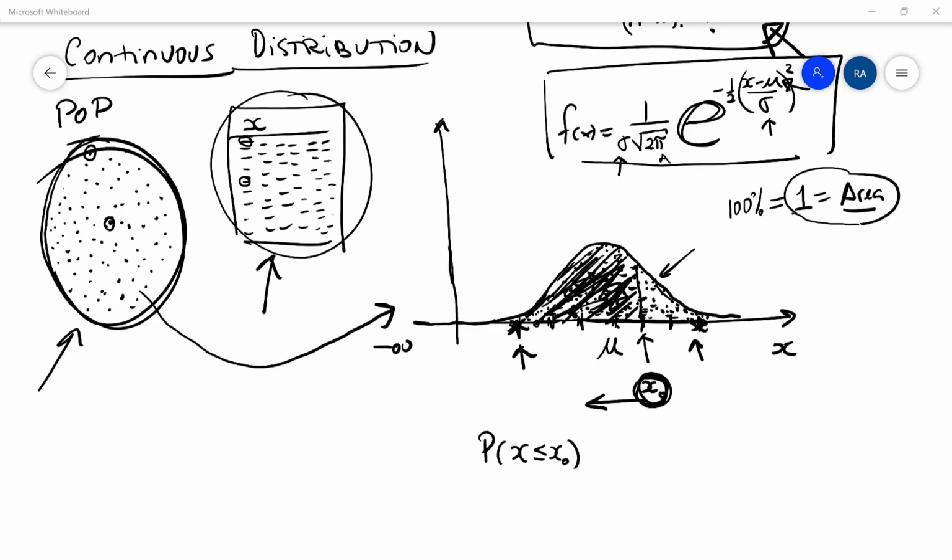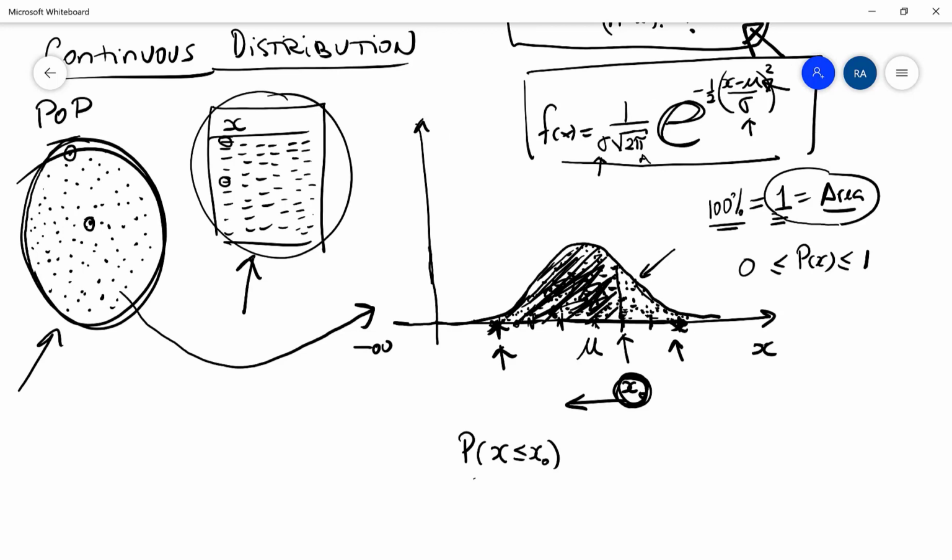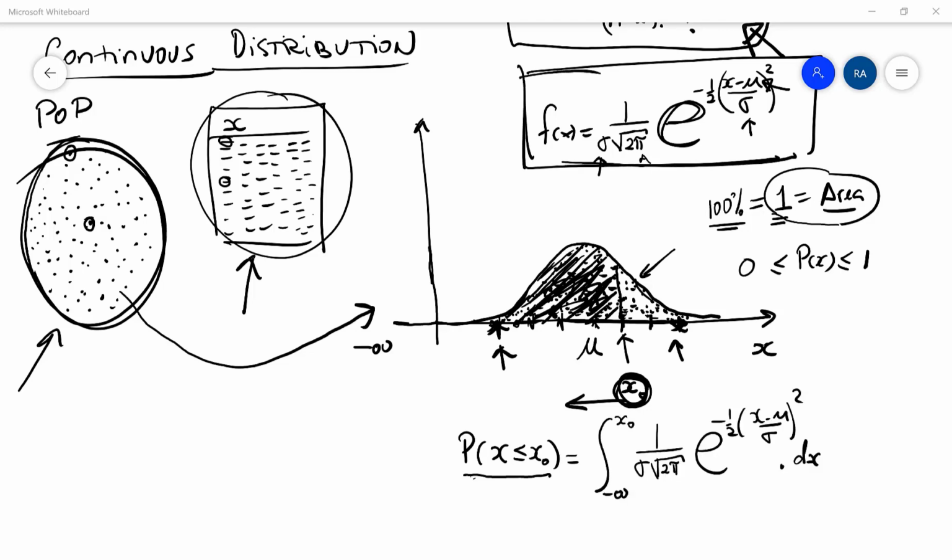Remember that 100% is equivalent to 1, and the probability is a number between 0, when it's impossible, and 1, which is certain. Mathematicians compute the probability that the random variable x is equal to x sub 0 or smaller than this, computing the integral of this function from negative infinity to x sub 0.